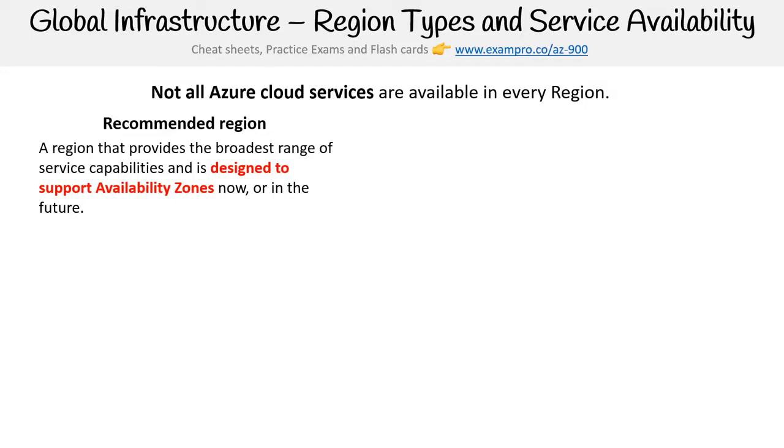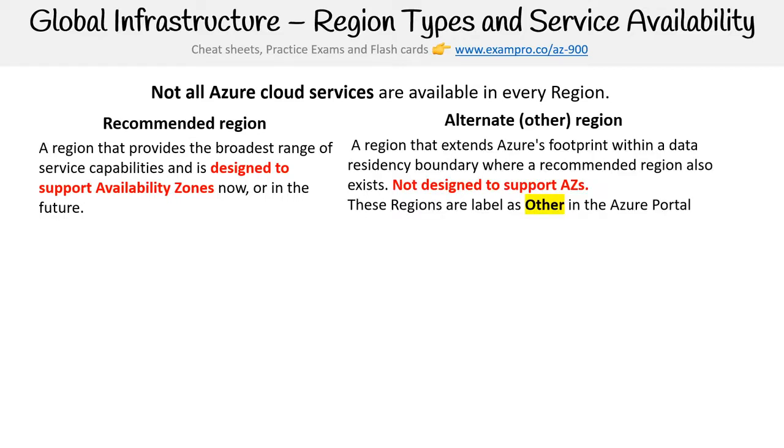That means the majority of services are going to be available in this region, and this recommended region is designed to support availability zones. Then you have alternate regions. These are regions that extend Azure's footprint within a data residency boundary where a recommended region also exists, but they're not designed to support availability zones. That doesn't mean you can't launch resources within them. It just means that when you go to launch a resource, you're not going to choose an availability zone. And these regions are labeled as Other when you're in the Azure portal.